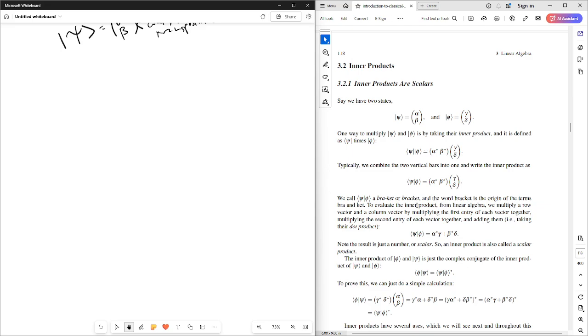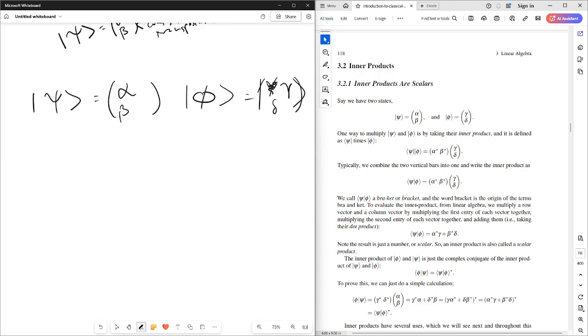So let's say we are taking two states. Psi is alpha and beta, and the other one is rho. If we're going to multiply them, we're going to take their inner product.